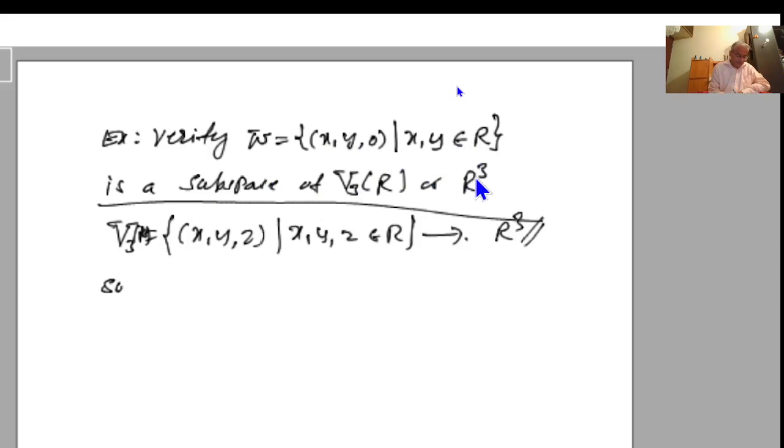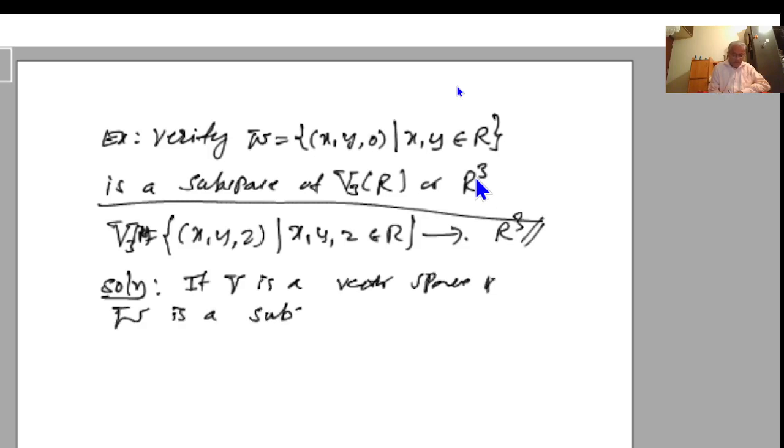So here we know that if V is a vector space over R, or over F, anything we can consider, or in general we take it is a vector space over a field F, and W is a subset of V, then we have two theorems.